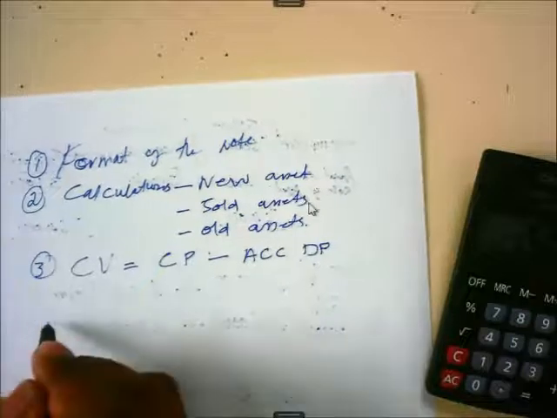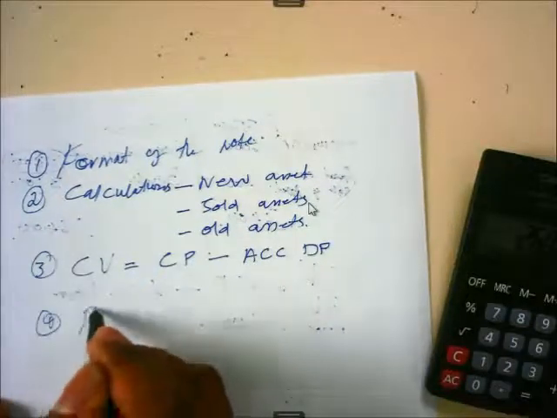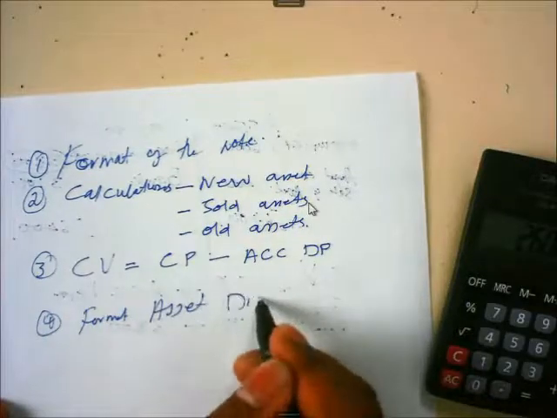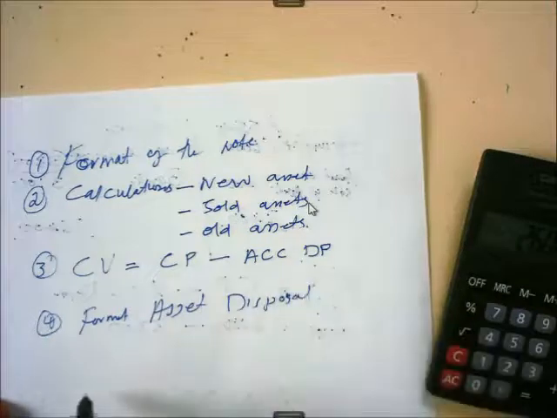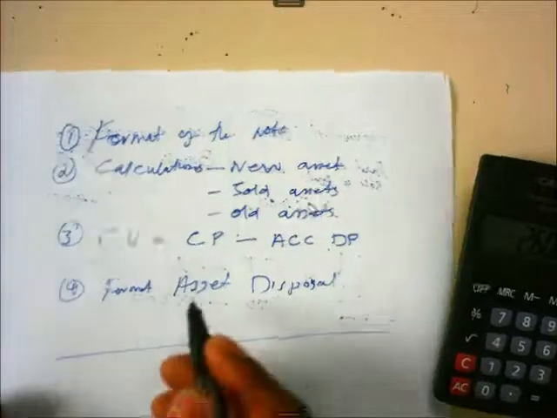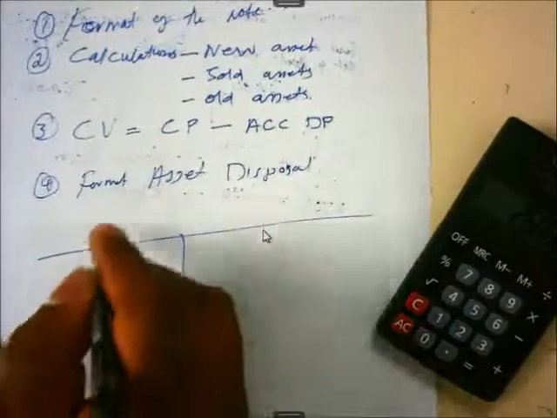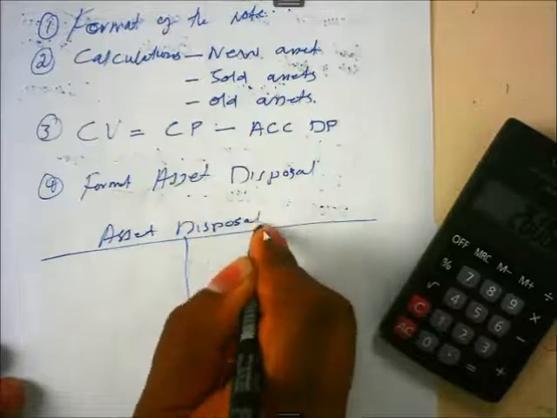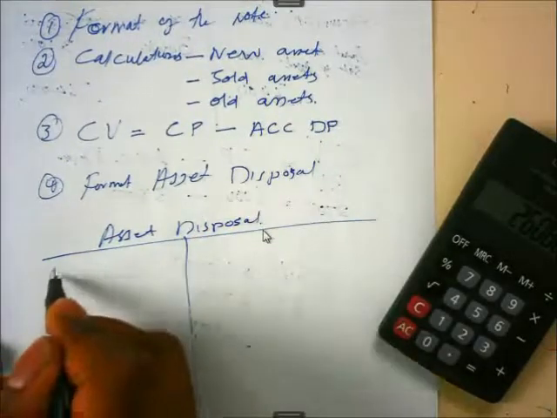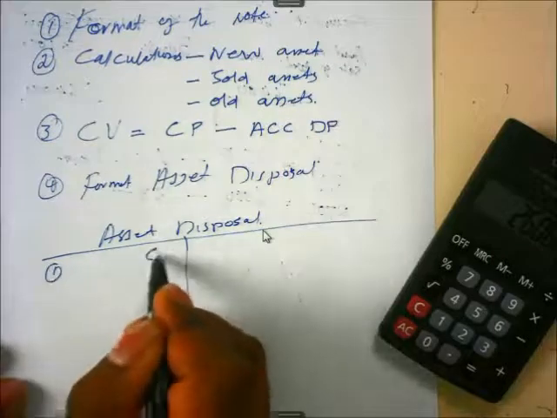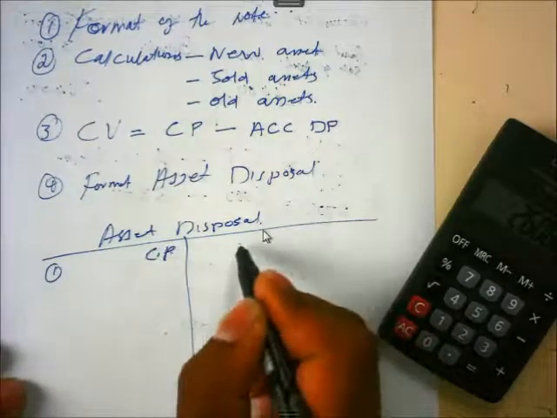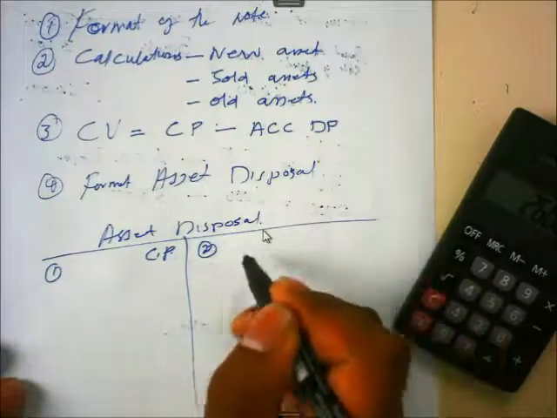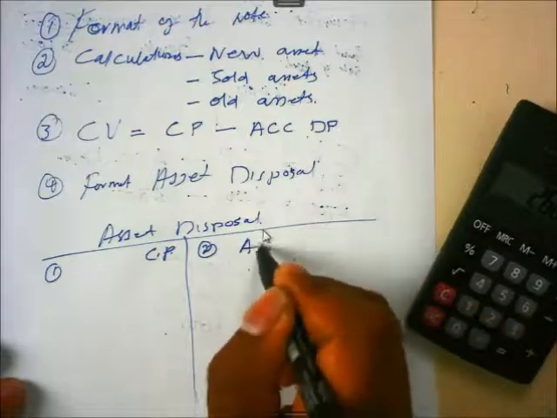And you also need to know the format of the asset disposal account. The asset disposal account is very critical. Like I said, the asset disposal does not change. It stays constant at all times. Step 1, transfer cost price. Step 2, update accumulated depreciation.